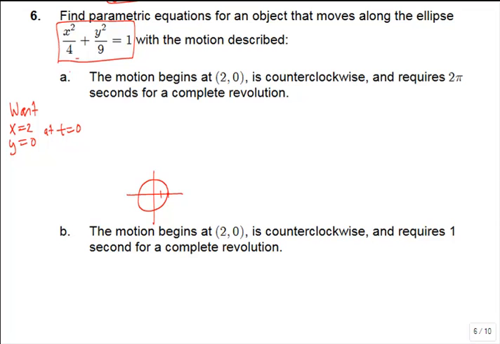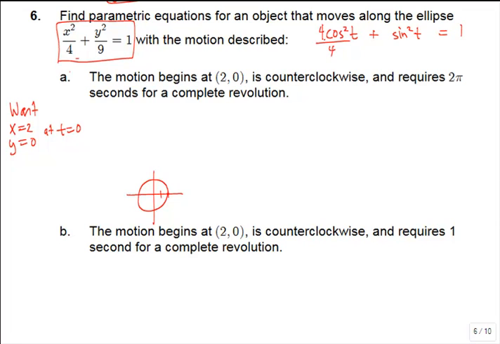So here's kind of the trick that we're going to use. We know that by the Pythagorean identity, cosine squared t plus sine squared t is equal to 1. We're going to use that fact to try and replicate this sort of elliptical equation. So what I'm going to do is manipulate this a little bit, and what I can do is give a coefficient to this cosine squared t and make it 4 over 4.